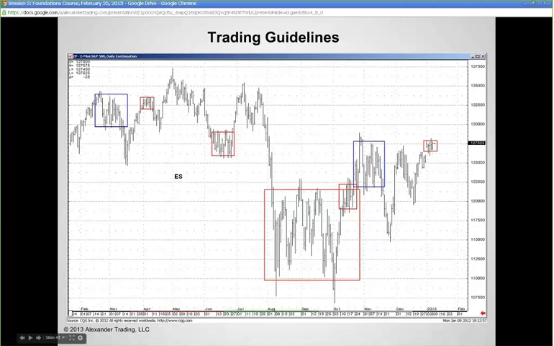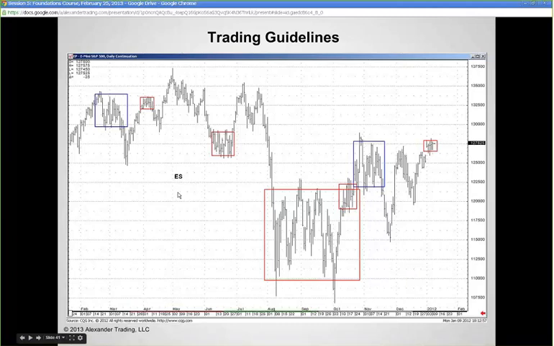Okay, high volume node uses. We use the high volume node. It's an indispensable tool in what we do. It's probably the most important piece of market structure, auction market visual artifact of the auction process that we can use, because it represents value, and we are using the concept of value to trade.